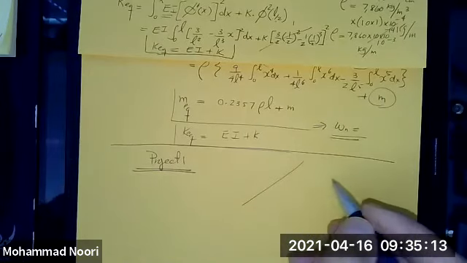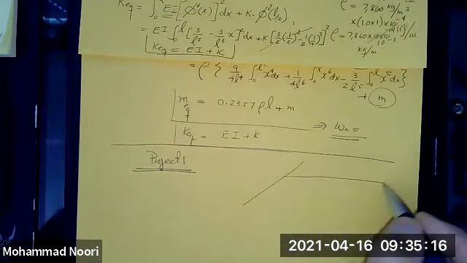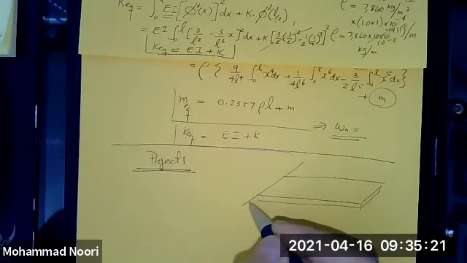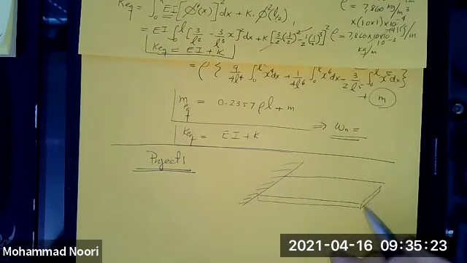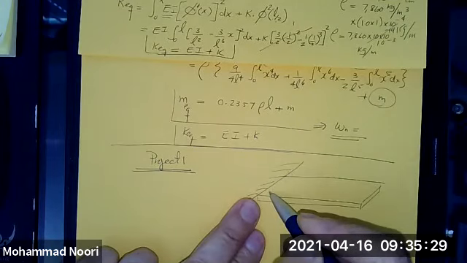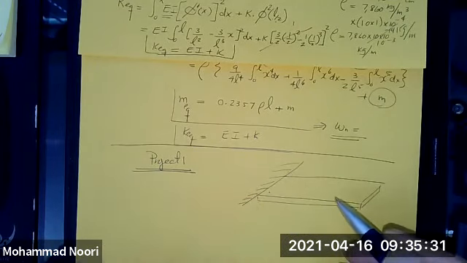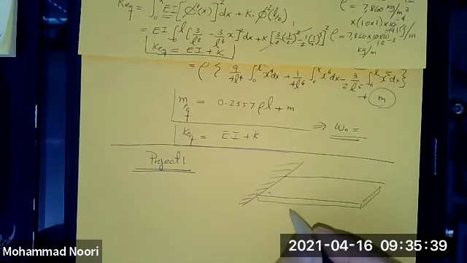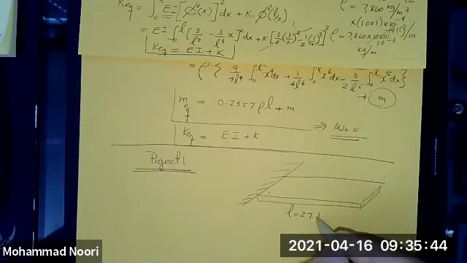a simple structure, a cantilever beam. A cantilever beam can be what? You take a straight edge, a steel ruler, and you clamp it somewhere. Let's say this is one example. Let's say you have a ruler. It is 18.75 inches long.